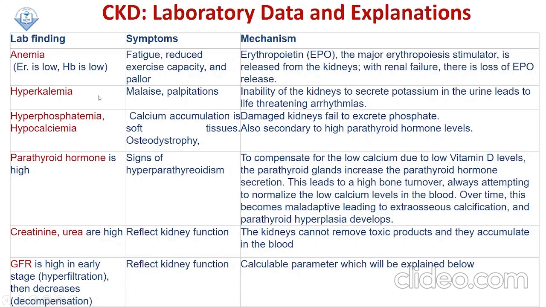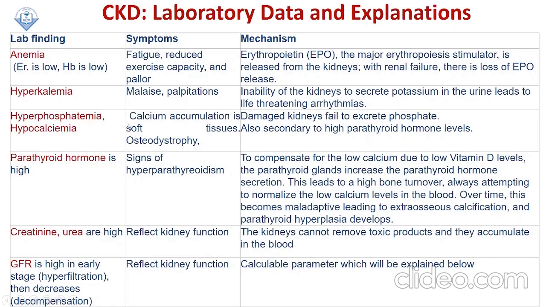Then hyperkalemia, potassium level in blood is increased. It manifests with malaise, palpitation, and it is present because the kidneys are unable to excrete it. Then hyperphosphatemia, phosphorus is very high in blood and calcium is low, hypocalcemia.